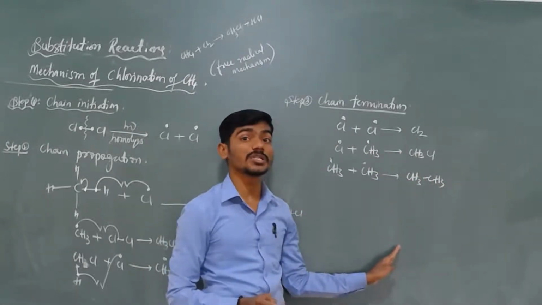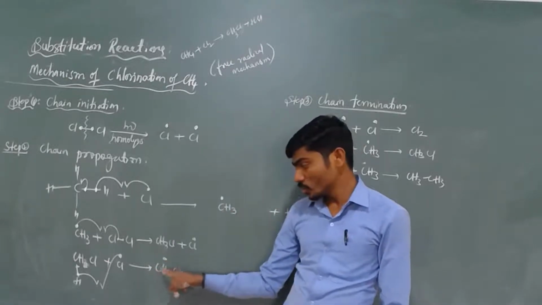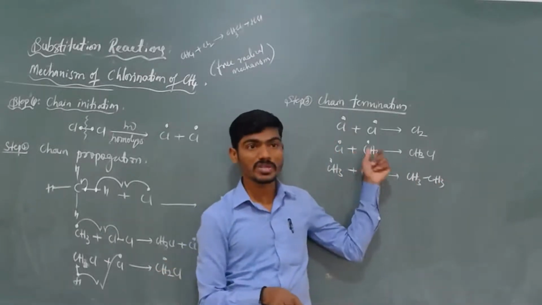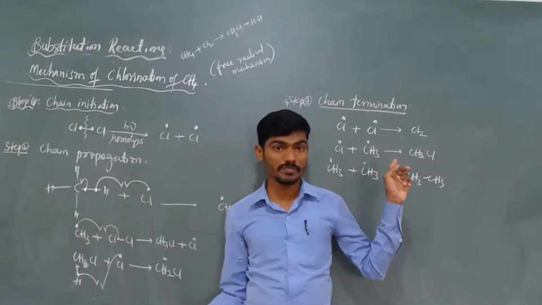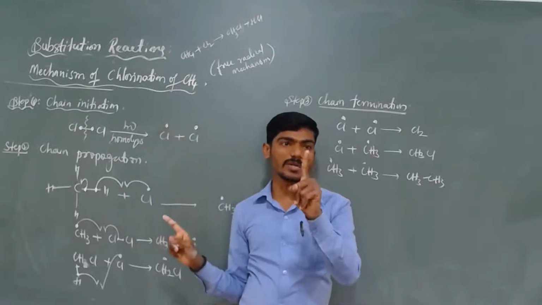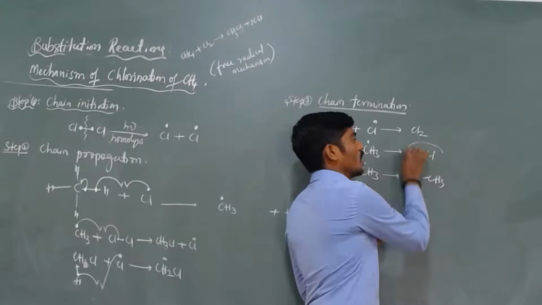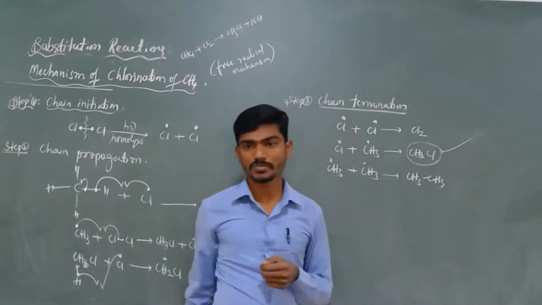Yes, different possibilities are also there. If the CH2Cl radical combines with CH3, it gives CH3CH2Cl, but you have taken only methane, so the product would have only one carbon. So it is not preferable. Therefore, halogen is substituted.